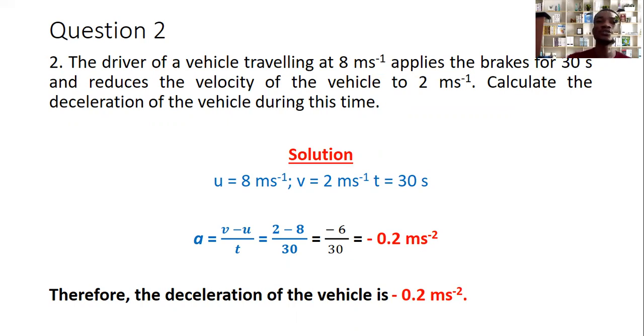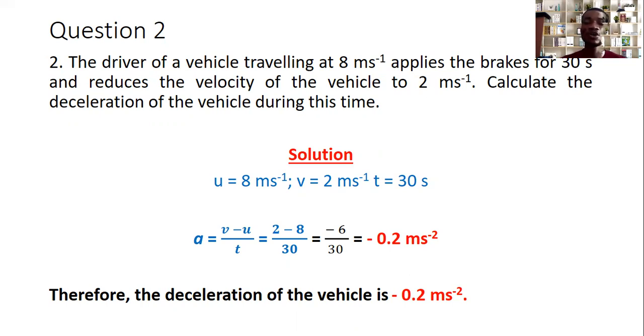Calculate the deceleration of the vehicle during this time. So deceleration is negative acceleration. So the velocity was 8 meters per second, that is the initial velocity, and then suddenly it drops to 2 meters per second when the brake was applied, just for 30 seconds.